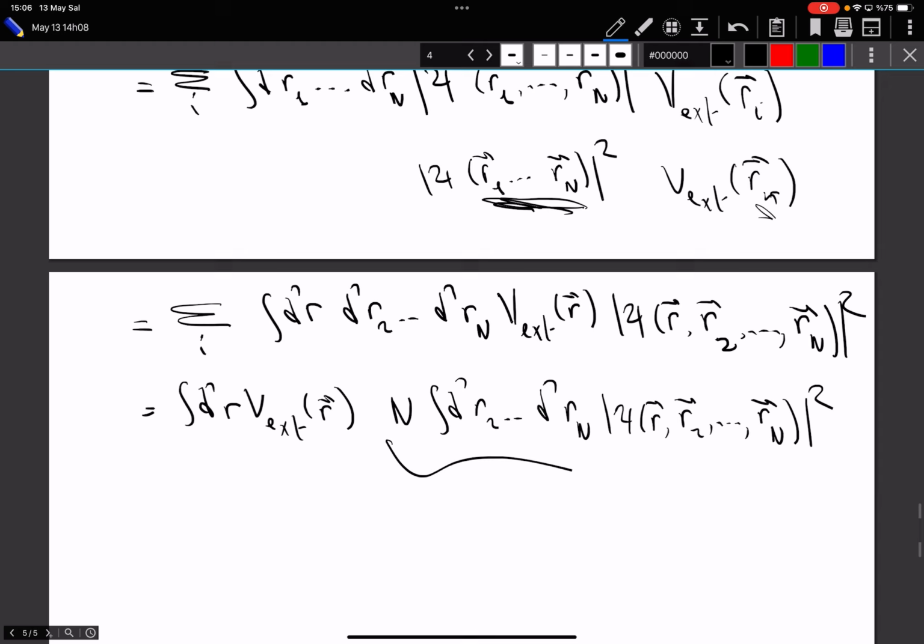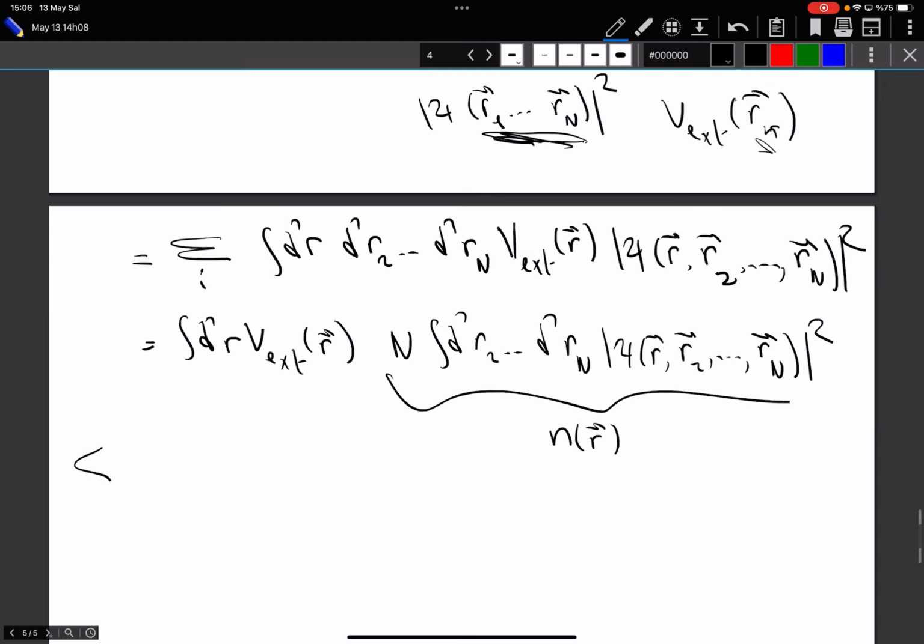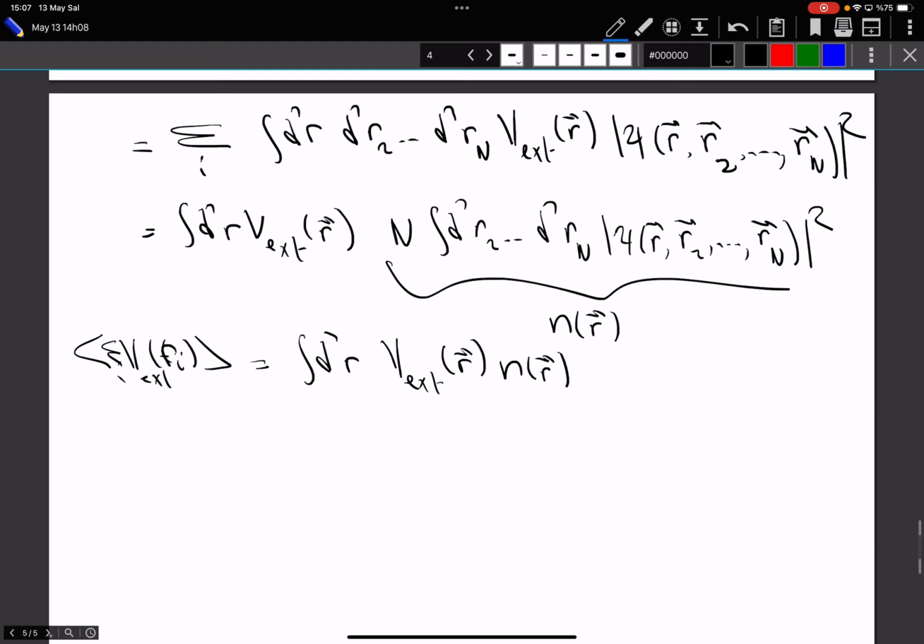Well, this is nothing but what I called n(r). So I can write this expectation value as, if I can calculate that expectation value, if I know the density n(r) of my state.